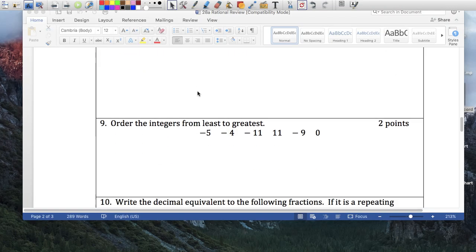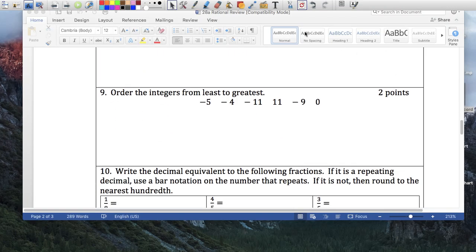Let's put the following integers from least to greatest. Okay, so you can use a number line if you like. Put all the numbers on the number line, and then you can clearly see which one is the smallest. The greater the integer on the negative side, the smaller its value.